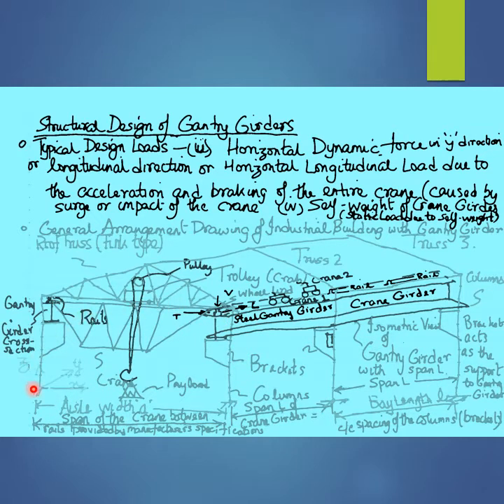The aisle width, that is the width of the aisle of the industrial building, generally the dimension of the industrial building in the horizontal transverse direction x, is the span of the crane that is provided in the industrial building, with some minor deductions due to the location of the supports for the crane or the gantry.